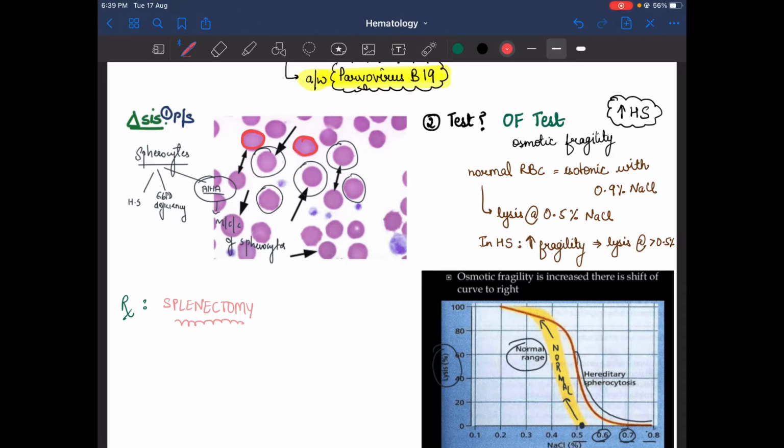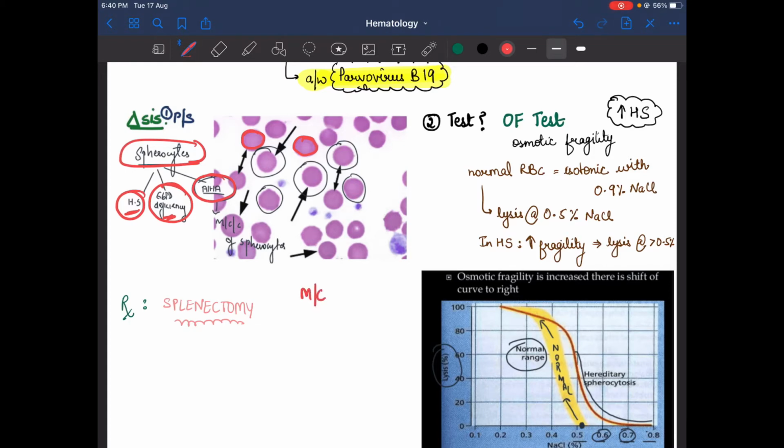Spherocytes are found in hereditary spherocytosis, in G6PD deficiency, or in autoimmune hemolytic anemia.